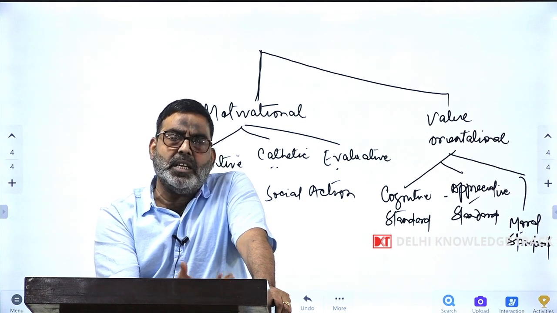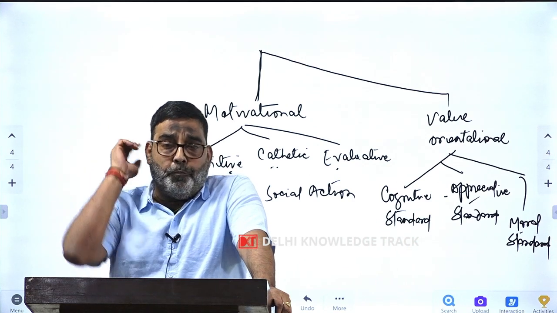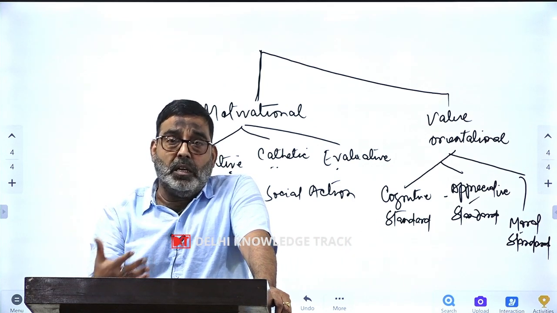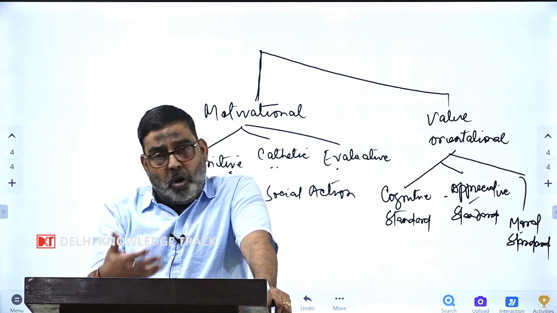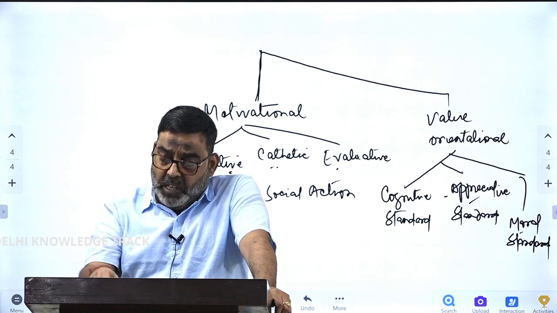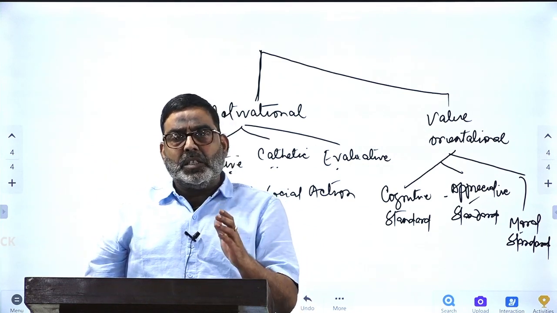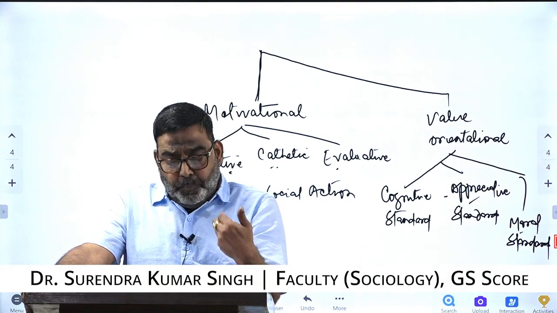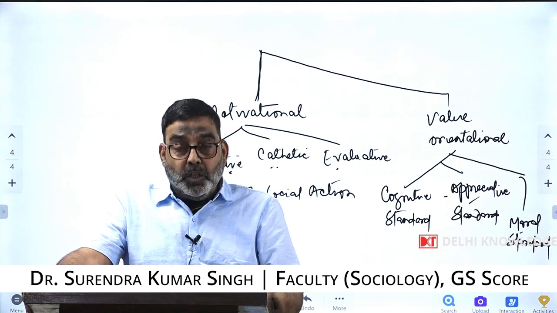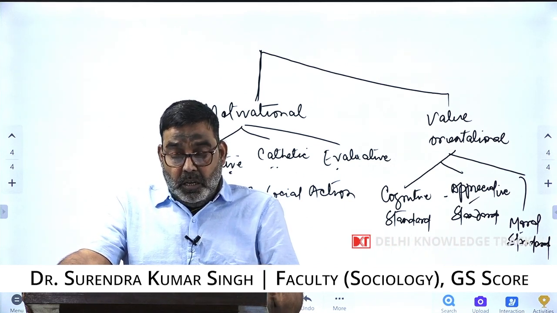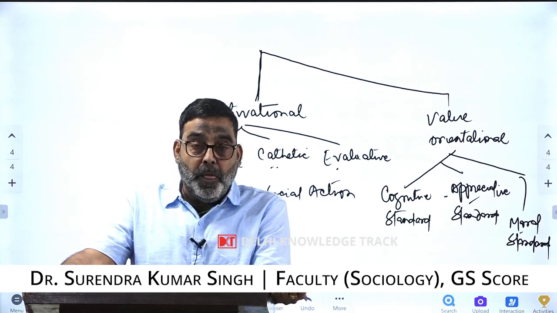This is yet an untouched area in Parsons. The problem of social order. Problem of functional prerequisites, functional imperatives. We talked about AGIL. But if they ask you about the problem of social order, you say the problem of social order has been a typical concern in all the social sciences. And broadly, he picks up the Leviathan by Thomas Hobbes, Durkheim's external coercive collectivity, sui generis reality, economists heading towards utilitarianism.